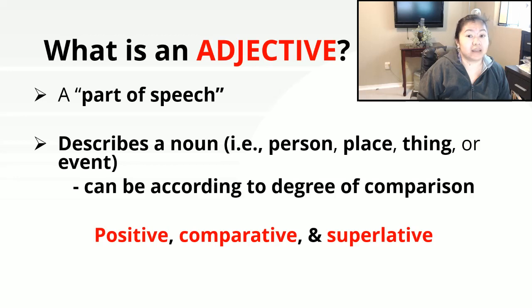And as I've also said, an adjective describes a noun. And a noun can be a person, place, thing, or an event. Now, what's so interesting about an adjective is it can be used according to a degree of comparison. And I'll be focusing on the three degrees of comparison named positive, comparative, and superlative.